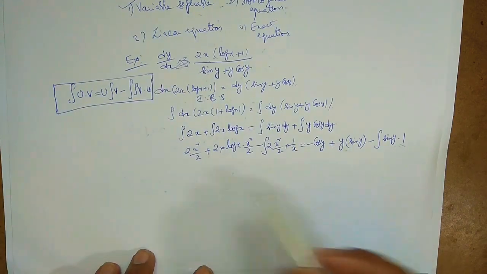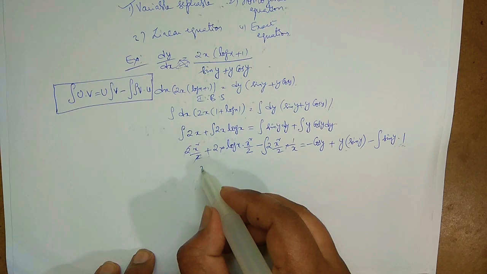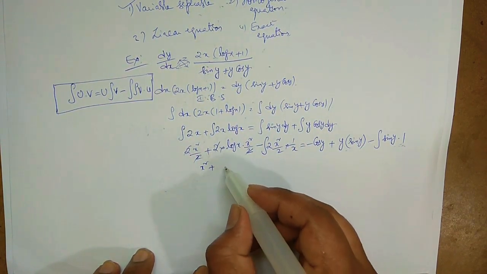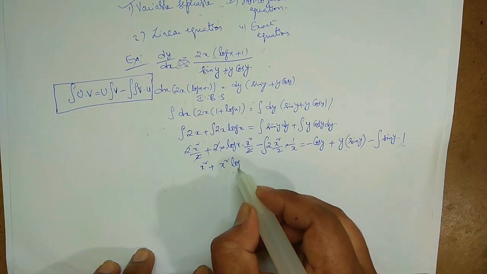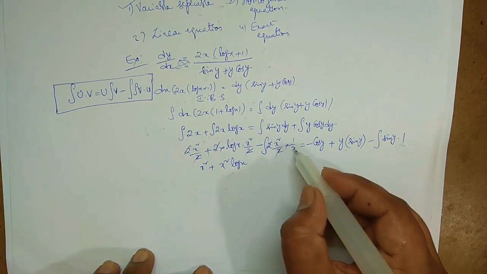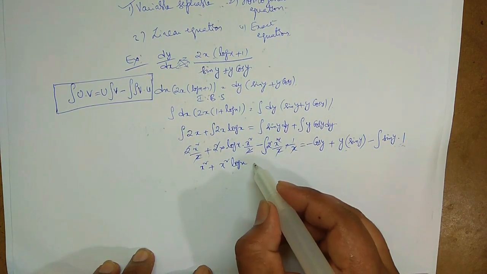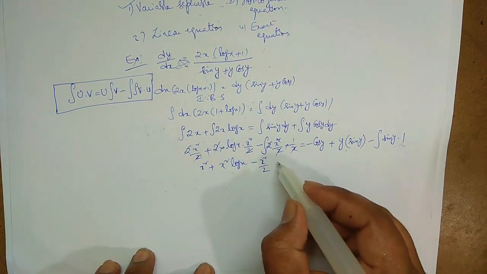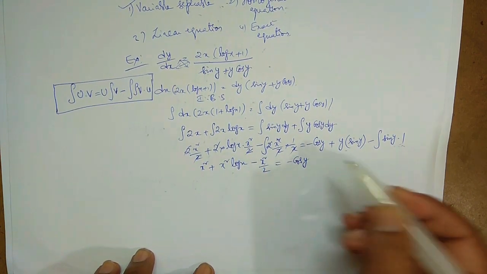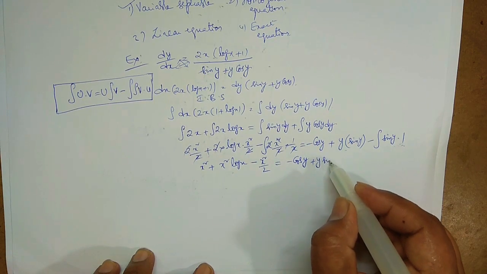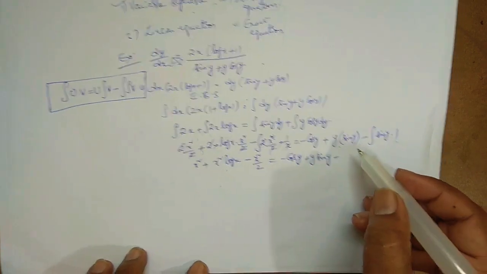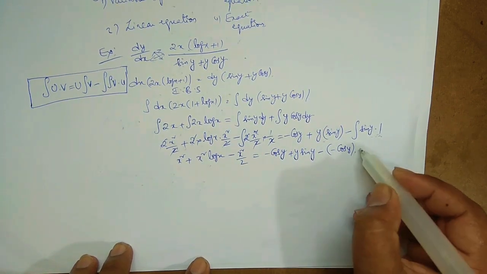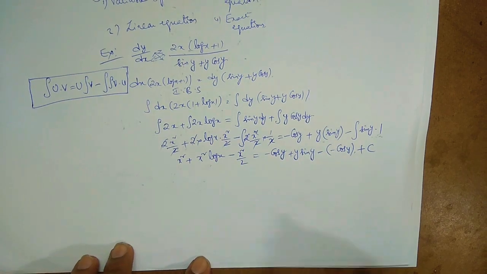So see here 2 gets cancelled, this is x square plus, here also 2 gets cancelled, so x square log x, here 2 gets cancelled, x cancels here, x square minus, how much is the integration of x? x square by 2 equals minus cos y plus y sin y minus the integral of sin is minus cos y, right? Plus constant you will get here.